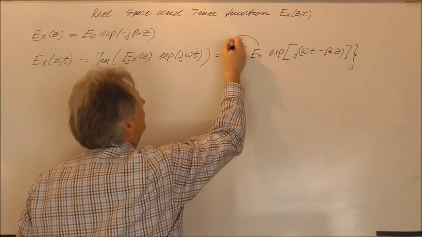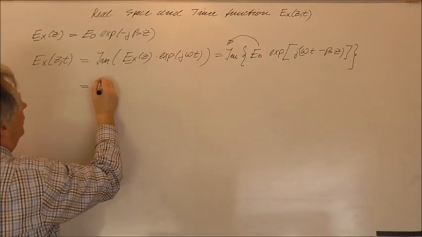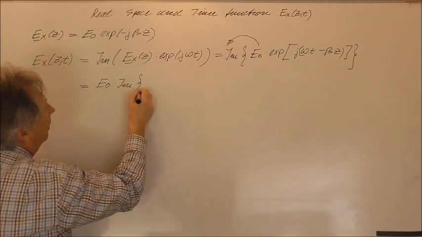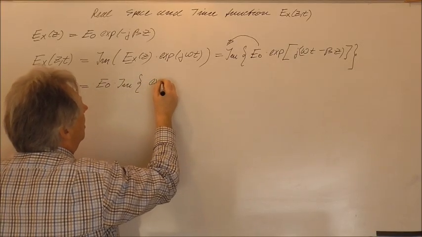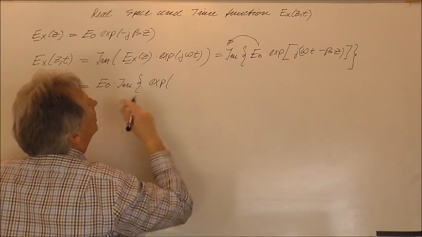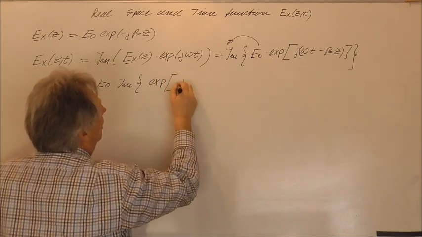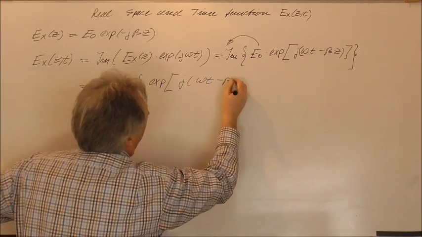I can put this in front, and we will get E naught times the imaginary part of the exponential function j omega t minus beta times z.